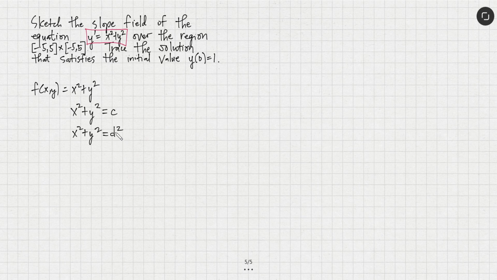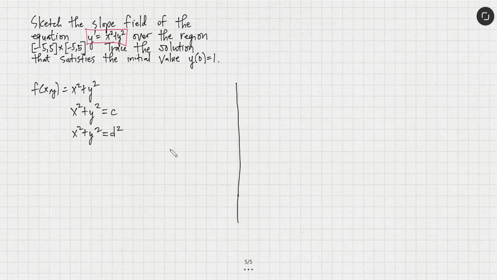So, d squared. So, yung makukuha nating isoclines ay circles of radius d, center at the origin, and for a particular value of d squared, the tangent lines on that circle will have slope d squared. So let me sketch the grid.